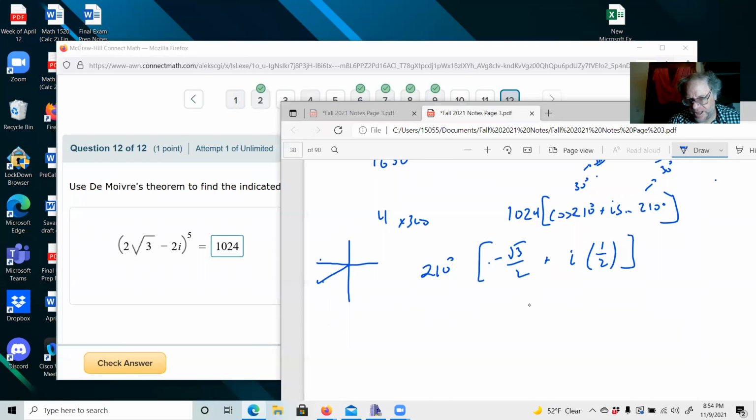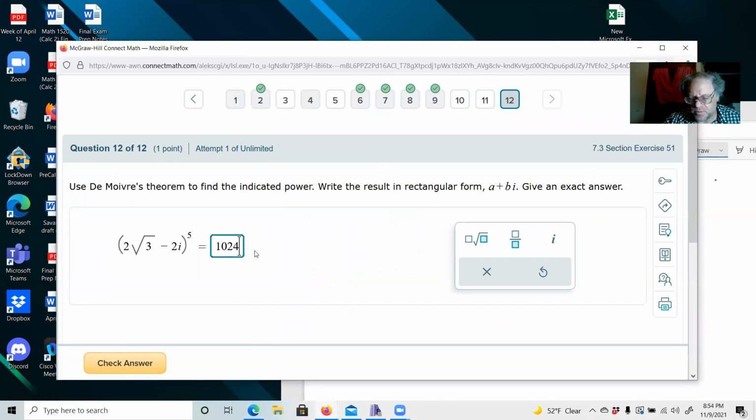Okay, so here we go. We have 1024 times this stuff. So 1024 divided by 2, that's 512 root 3 negative, plus 512, because that's 1/2 times that, I. So it's 512 square root of 3.